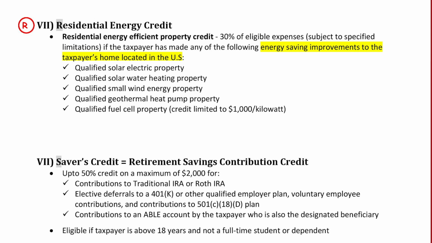So the energy saving improvements may be via solar electric or solar water heating, or small wind energy property, or geothermal heat pump property, or fuel cell property. So in all these cases, 30% of the expenses may be residential energy credit.